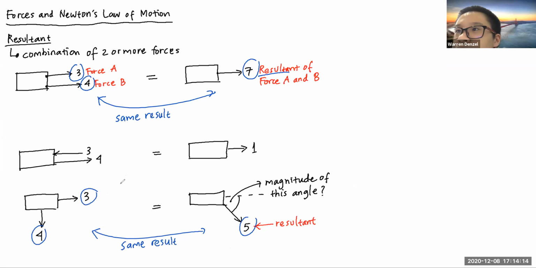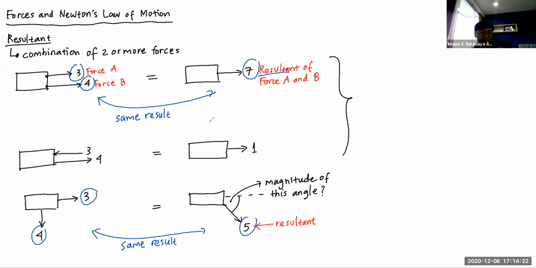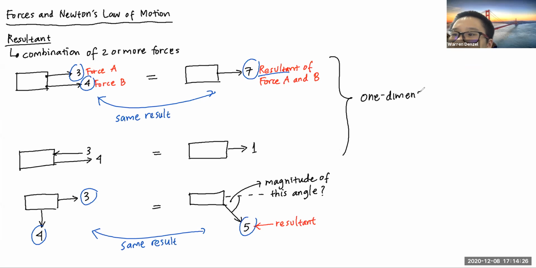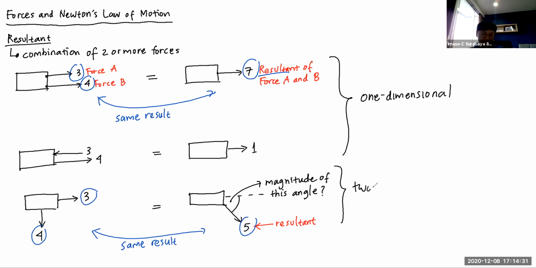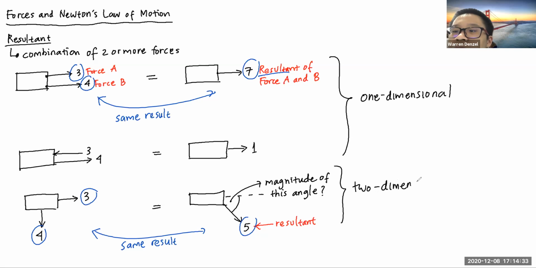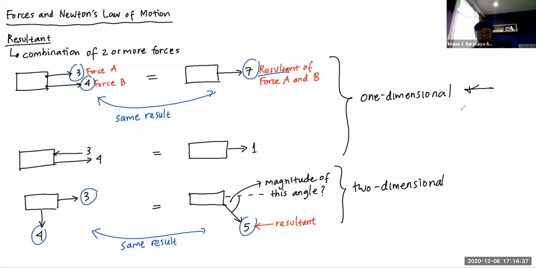But since we are talking about one-dimensional only, we'll just be talking about the two on top. This one is one-dimensional, and this one is two-dimensional. We'll be talking about the one-dimensional only.